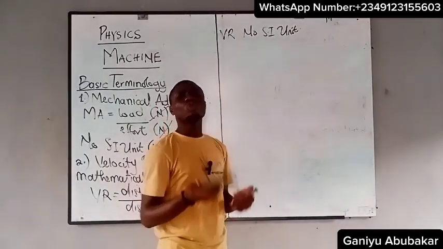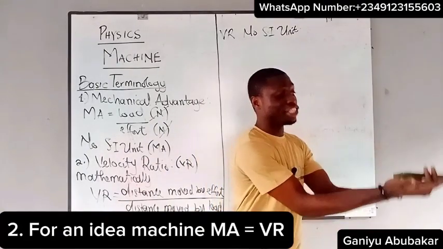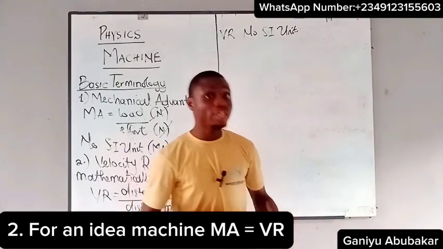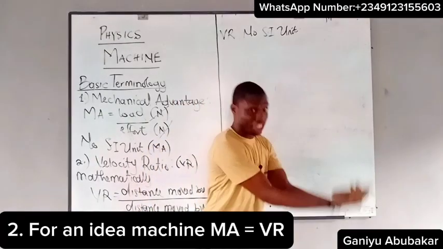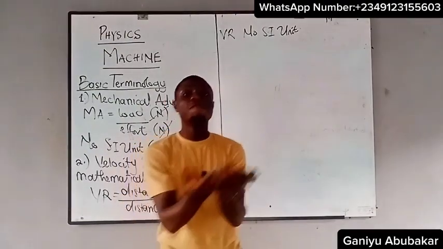ratio. Also note that for an ideal machine, listen up, we said an ideal machine is a machine that has no friction. Similarly, I'm saying that for an ideal machine, its mechanical advantage is equal to velocity ratio.